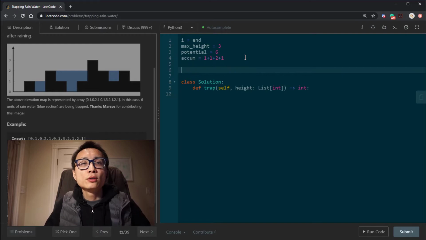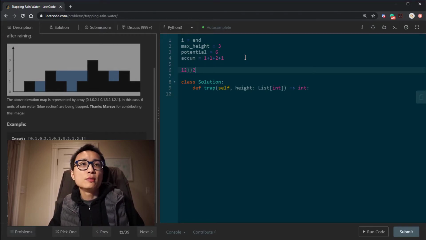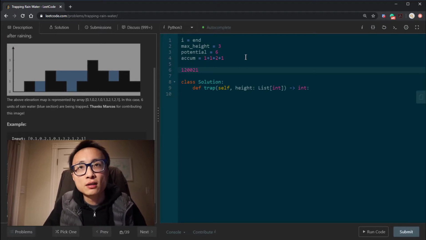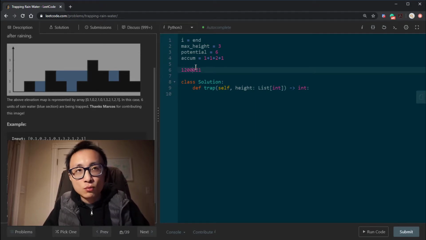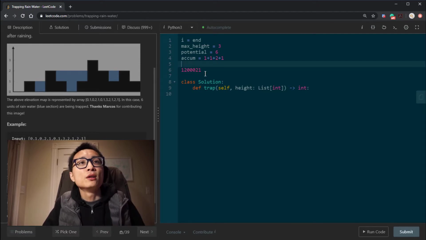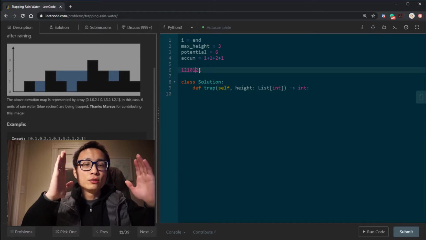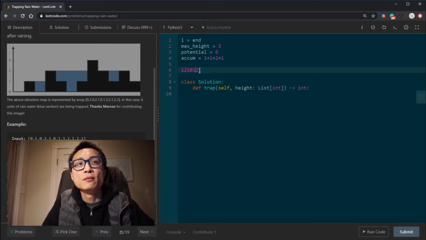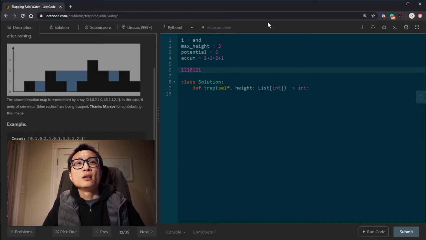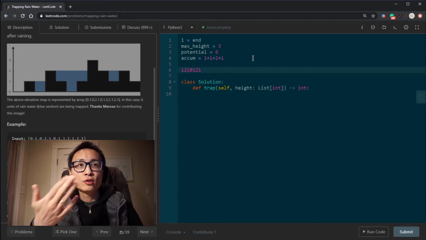There's just one little potential problem that we need to deal with. If we have the water-trapping dip, and the 2 highlands, the 2 boundaries, have exactly the same height, then we're going to account for it twice, once from left to right and once from right to left. That's potential double counting.